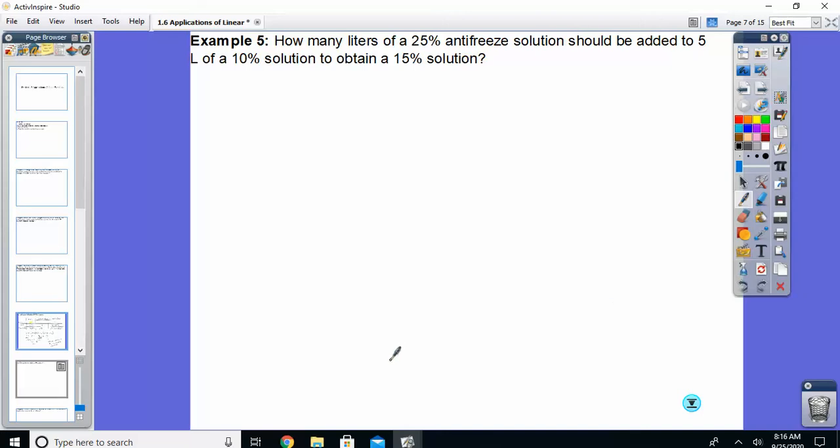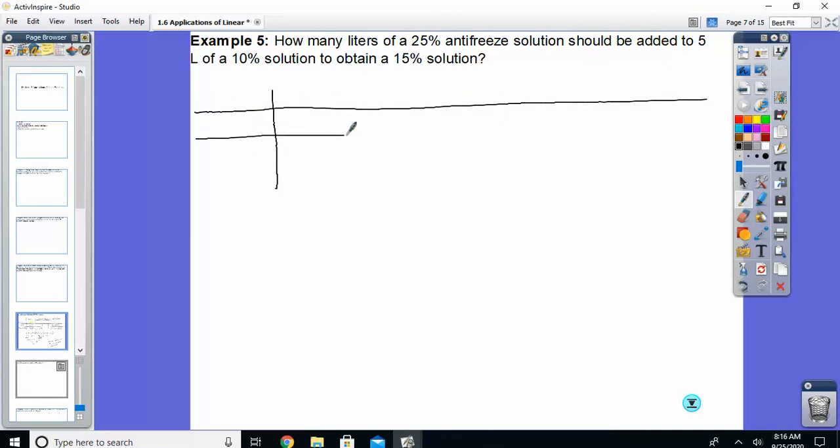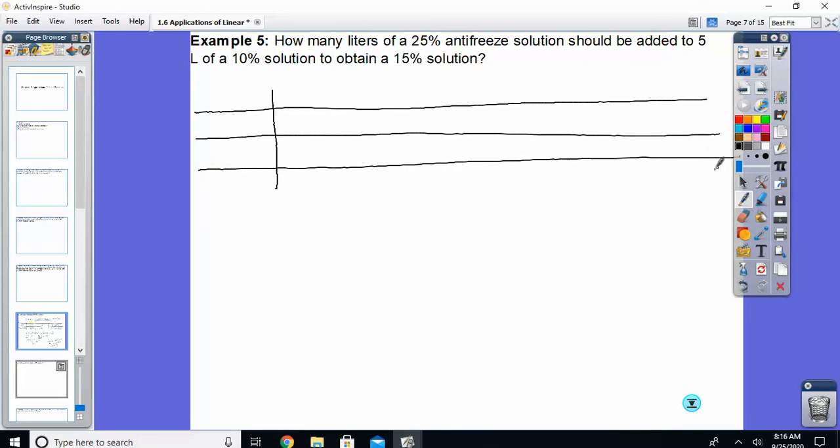All right. So, again, we're mixing things. We're going to set up a table. All right, we have to look at the things we're mixing. If I don't even read the problem, I have 25, 10, and 15. Which one is the final? The 15.